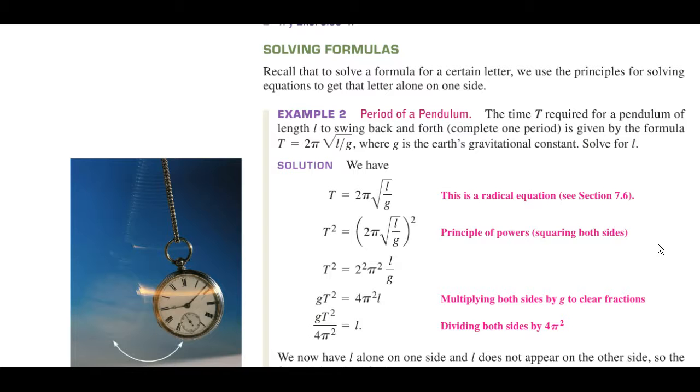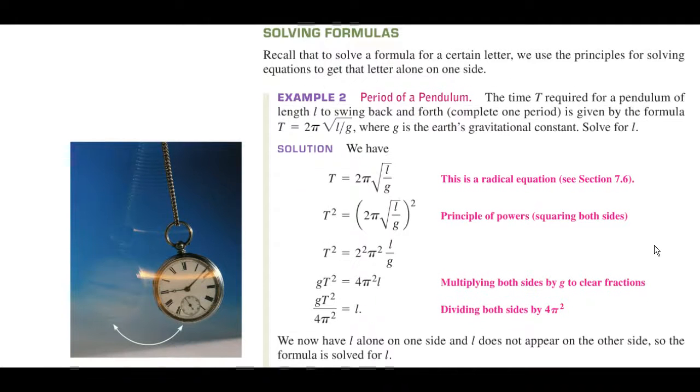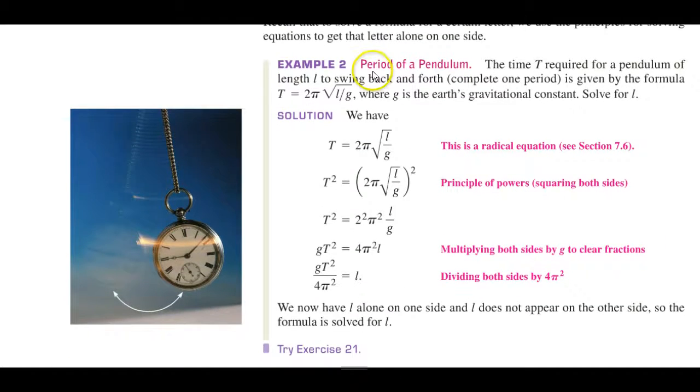Okay, solving formulas here. Here we're dealing with the period of a pendulum. The time required for a pendulum of length L to swing back and forth, that is, one period of your pendulum is one back and forth, is given by the formula this.